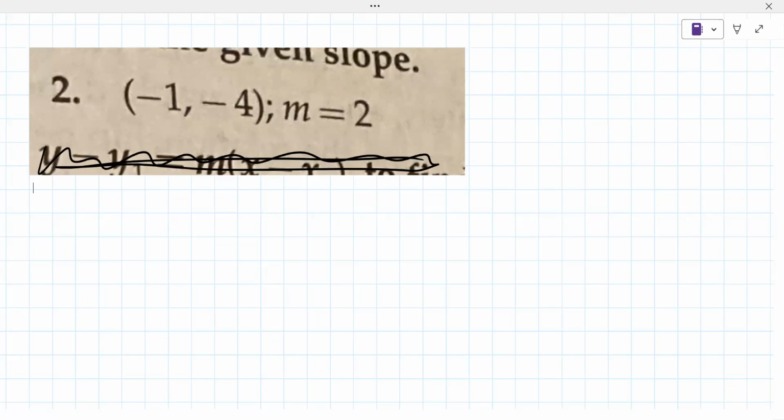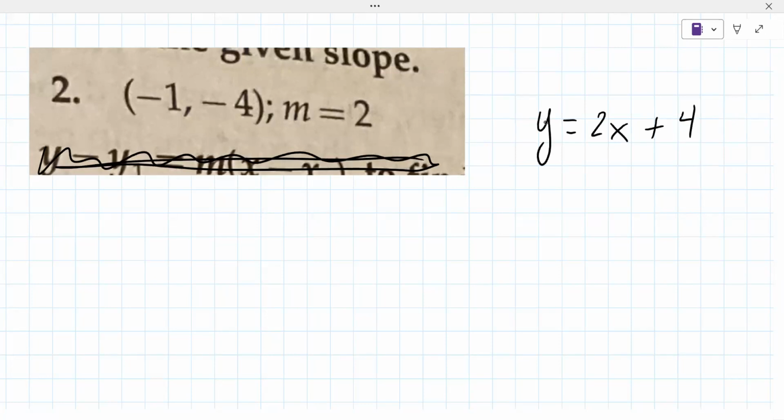So I could add that to -4. So that would be +4. So would the end result be y equals 2x plus 4? Like this. Yeah.